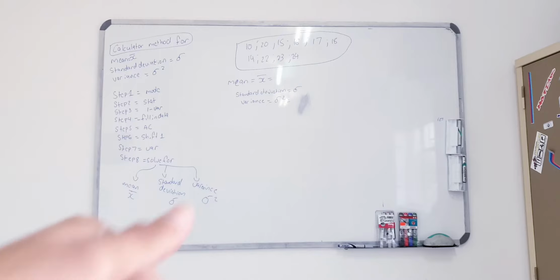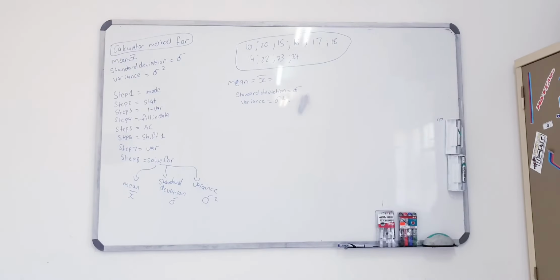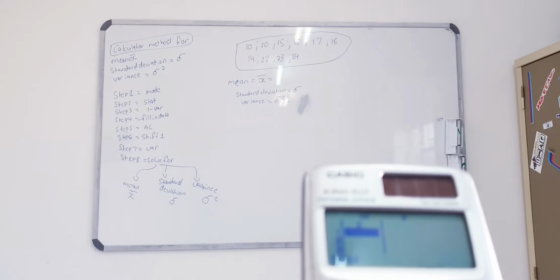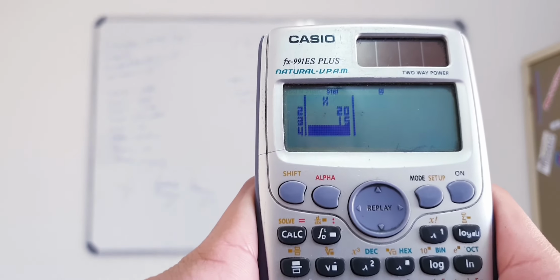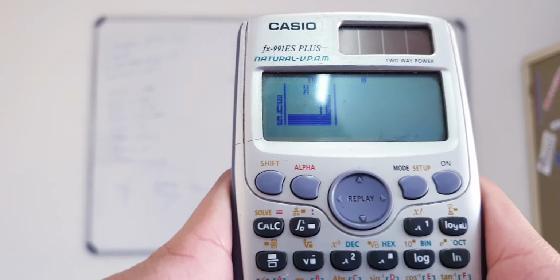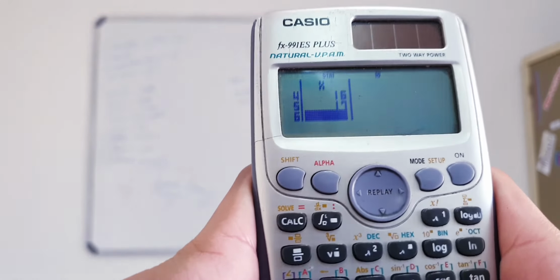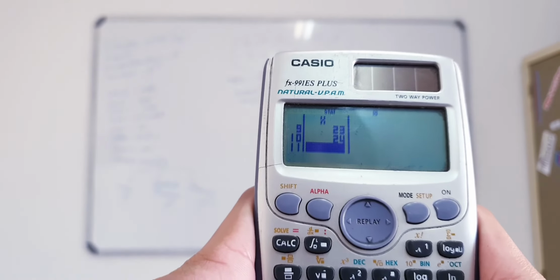So we're now going to fill in the data. There's all my data there on top. It's going to be 10, then you say equals, 20 equals, 15 equals, 16 equals, 17 equals, 18 equals, 19 equals, 22 equals, 23 equals, 24 equals.